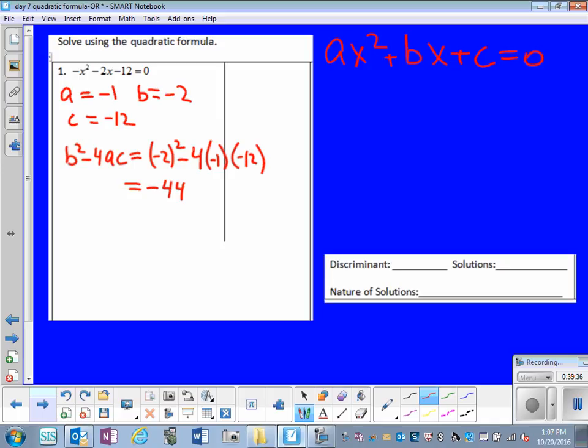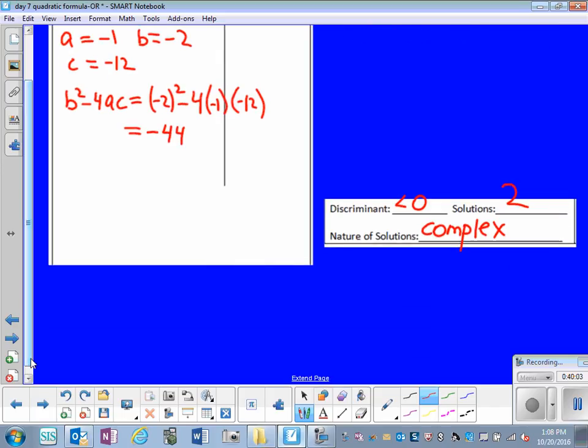Yes? Okay. So our discriminant negative 44 is less than 0, right? So how many solutions will I have? Bill, how many solutions will I have? 2 solutions, both complex. Okay, so let's solve and see that very fast. We can confirm it, right?